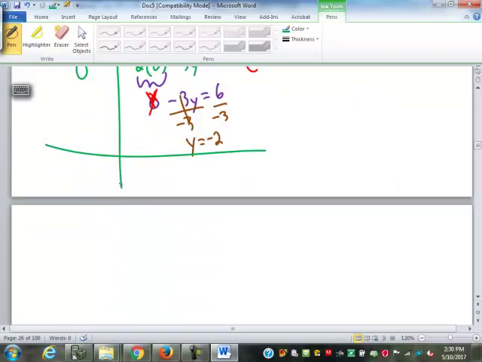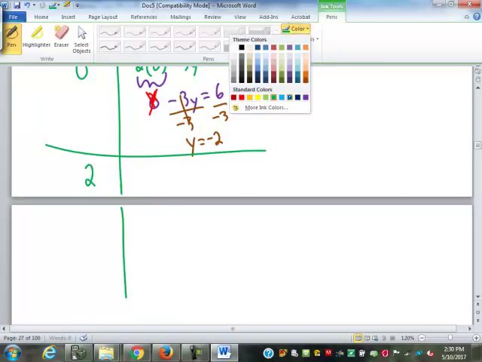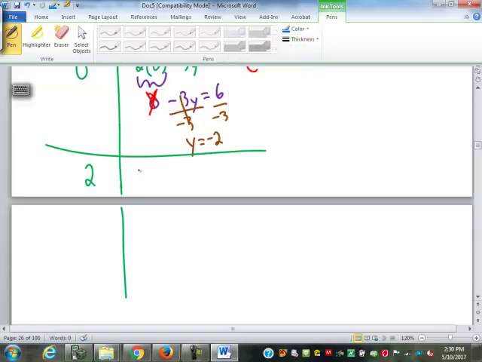Now, I know I had said I was going to use x equals +2, so let's use that. So now 2x becomes 2 times 2 minus 3y equals 6. Do the 2 times 2 to give us 4. So 4 minus 3y equals 6.